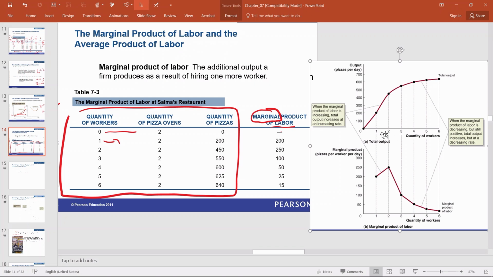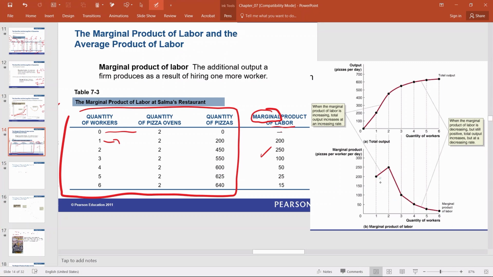As you increase the input of labor, you get more production. And if you draw the graph for marginal product, you get this curve, which doesn't go into minus.